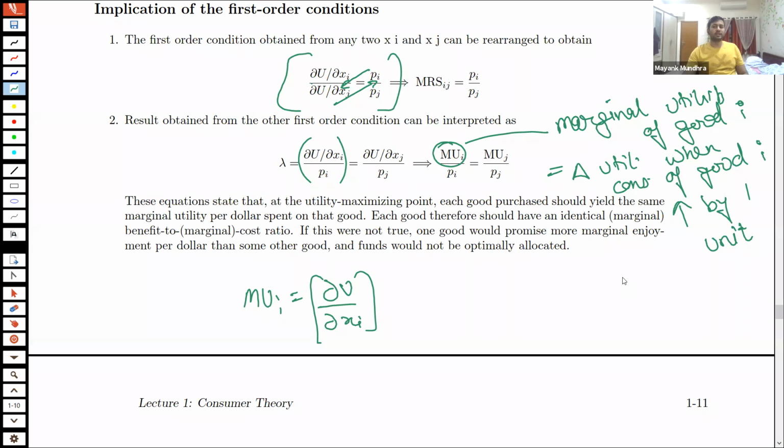So what is the amount of expenditure which needs to go up for consumption of good i to increase by 1 unit? Let me ask this question to Kashish. So Kashish, if you want to consume 1 unit extra of good i, what is the additional income that you need to spend? What is the extra amount that you need to spend?